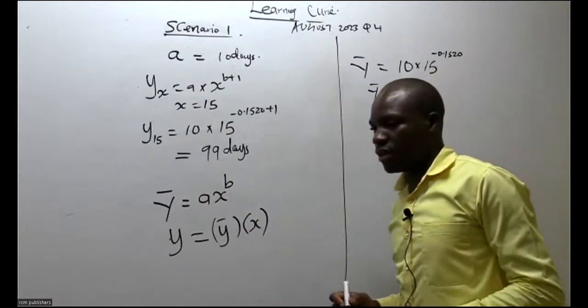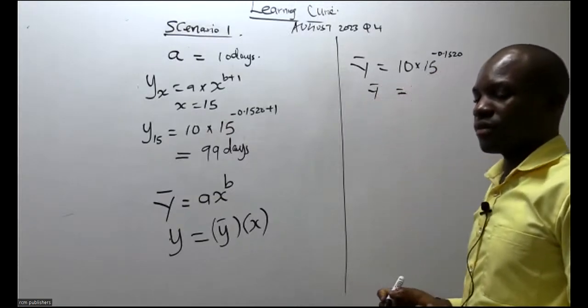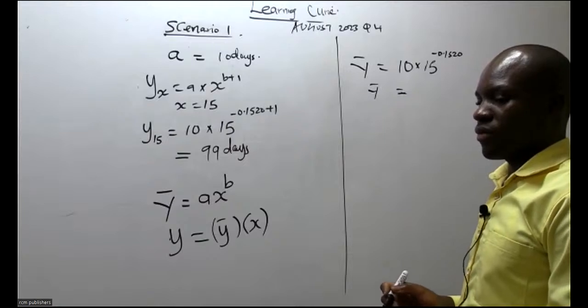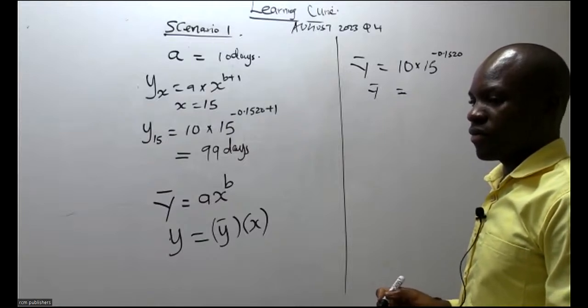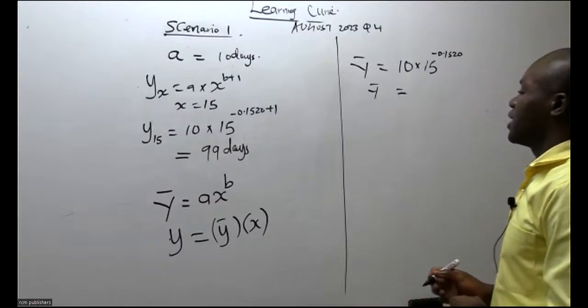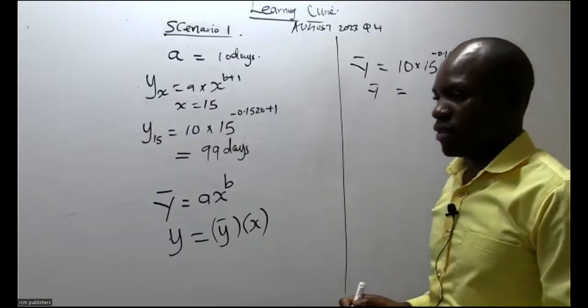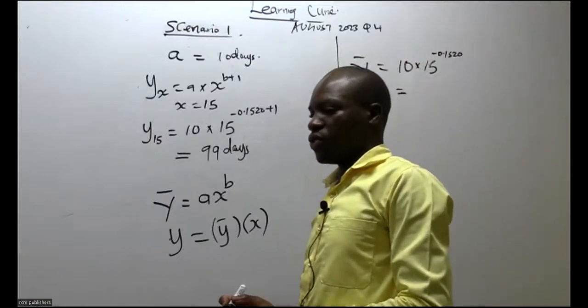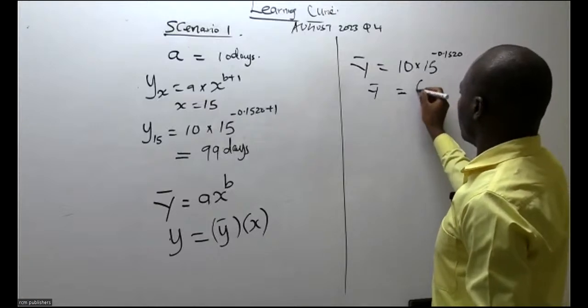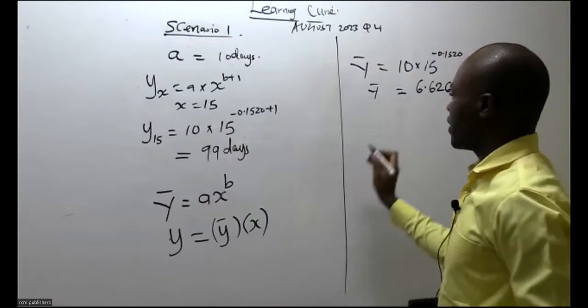Time is not on our side. How much do we get for the average? 6.626. Give us the value of y.